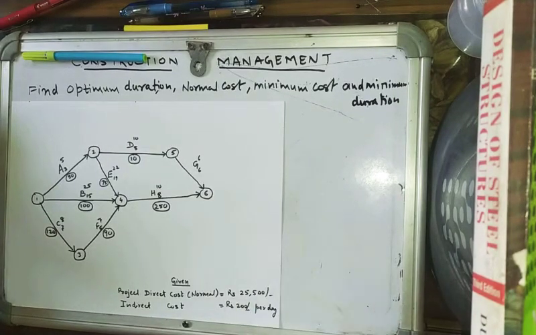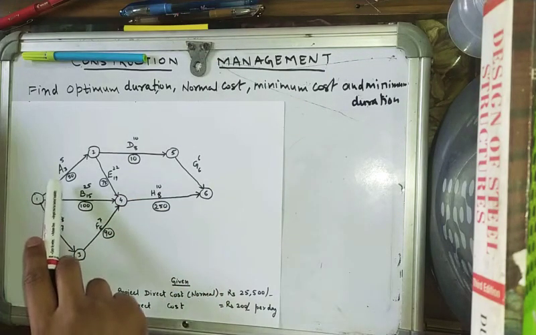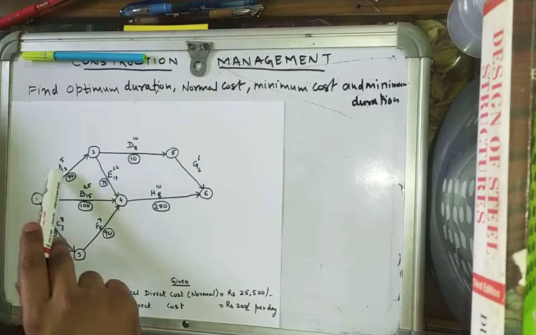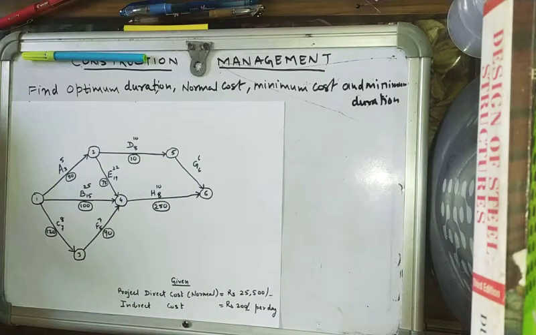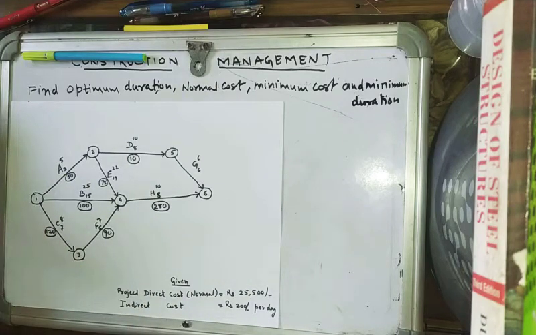What other information is given? For activity A we have normal time as 5 days, crash time is 3 days and cost slope is rupees 50.